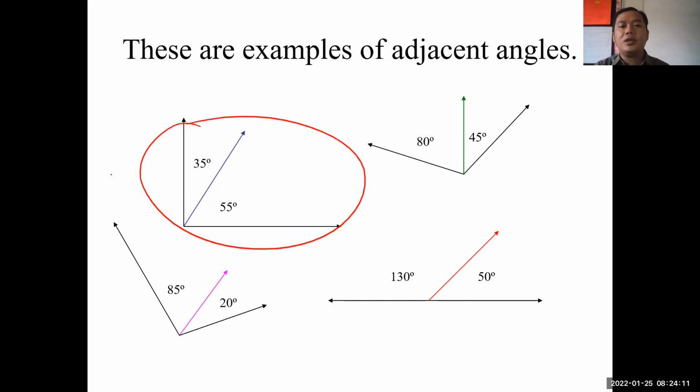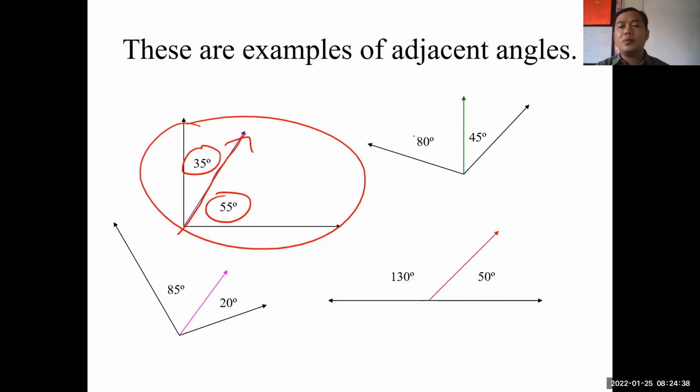So for this case over here, these 35 and 55 are adjacent angles because they share the common ray, which is this ray over here. That ray specifically divides the angles on the left side and the right side. So we call 35 and 55 a pair of adjacent angles.